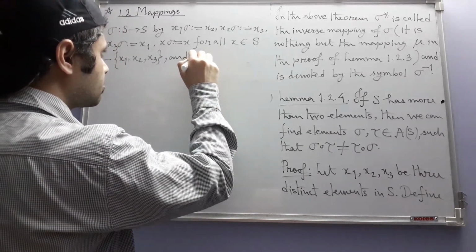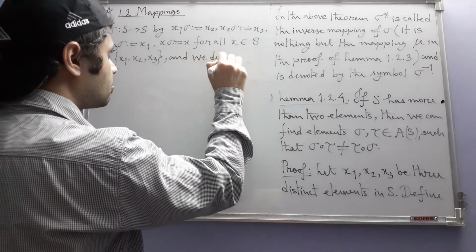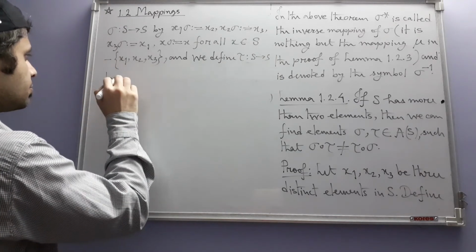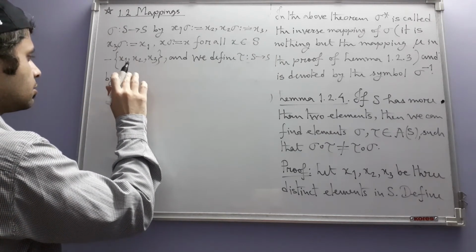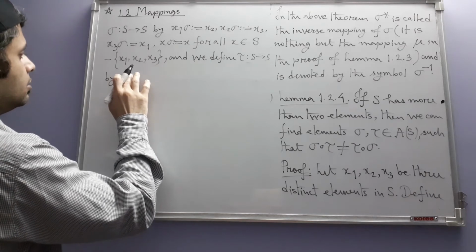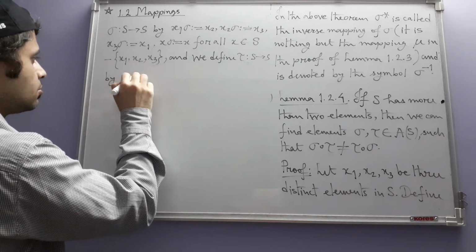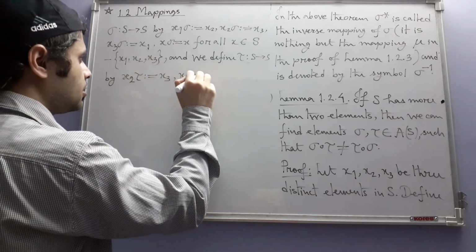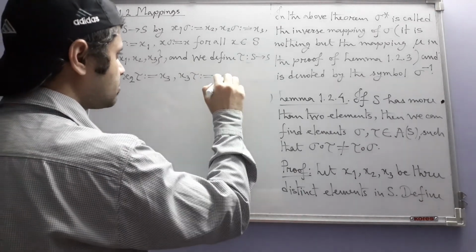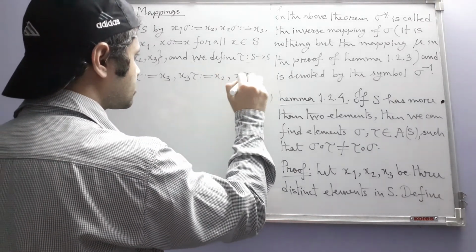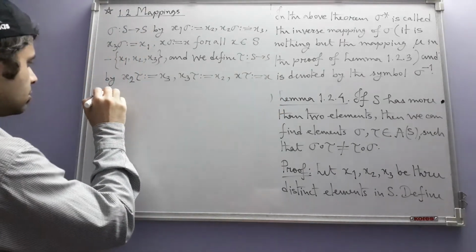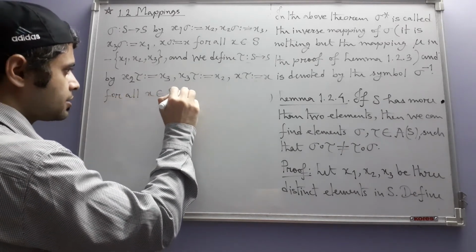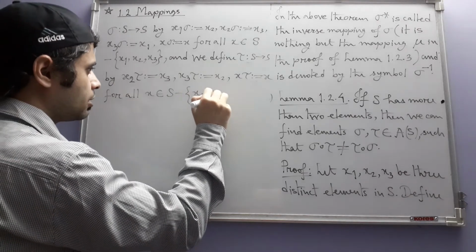And we define tau from S to S by x1 tau equal to x1. Okay, we can write it like this: x2 tau is equal to x3, x3 tau is equal to x2, and x tau is equal to x for all x belonging to S minus x2 comma x3.